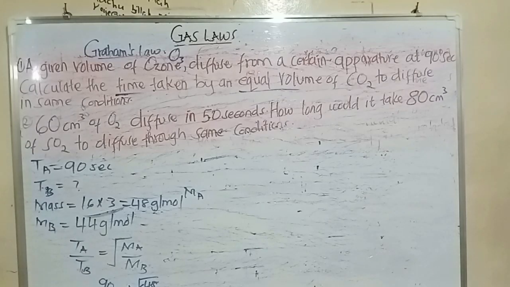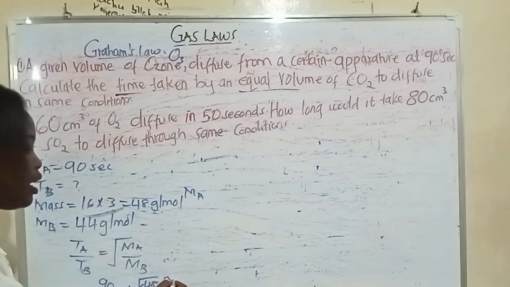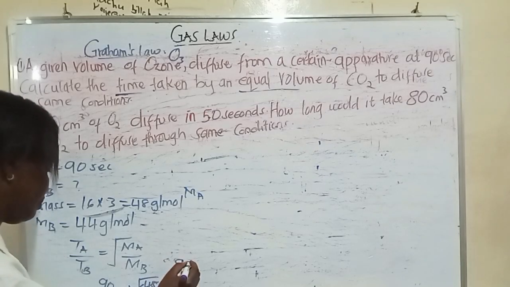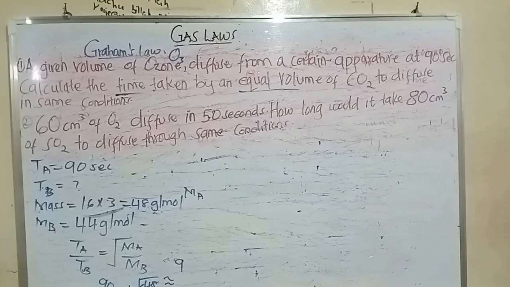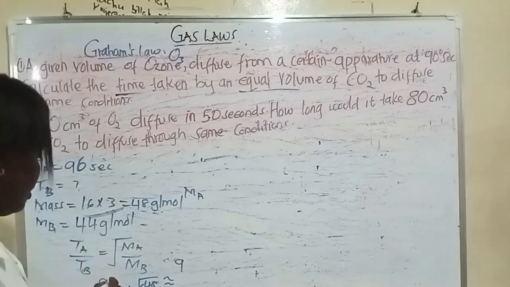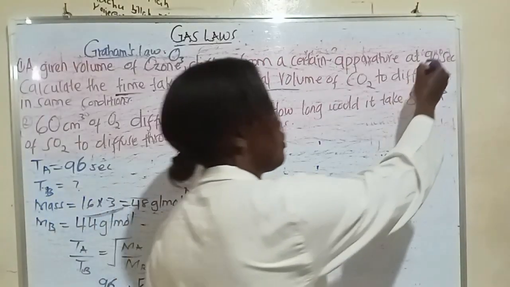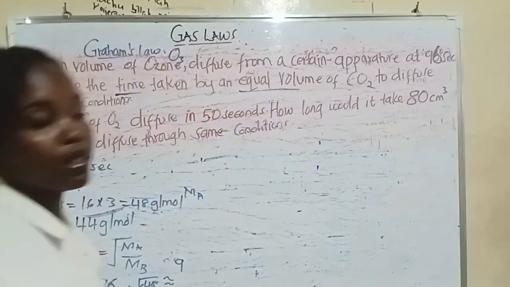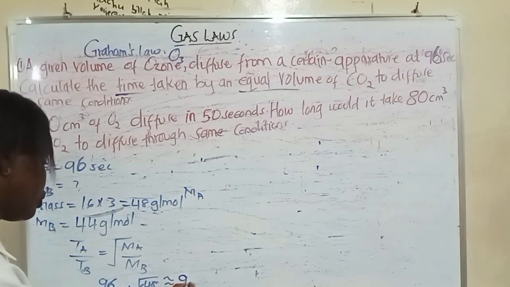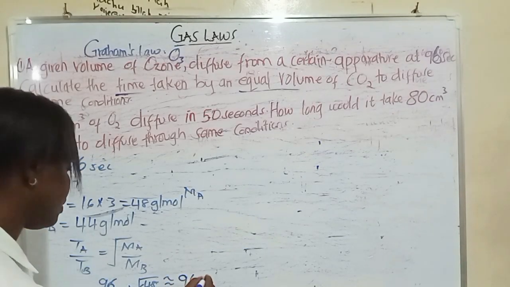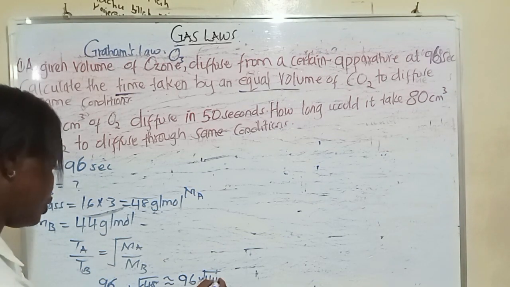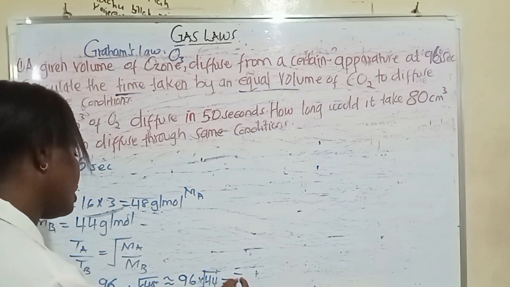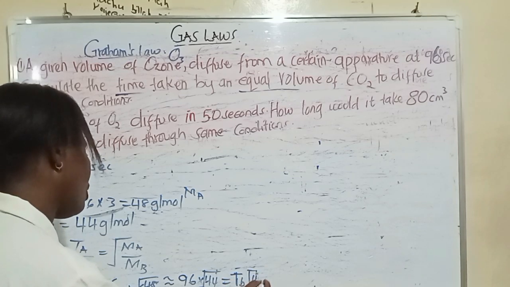Cross multiply, and you're going to get 96 seconds times the square root of 44 equals TB times the square root of 48.